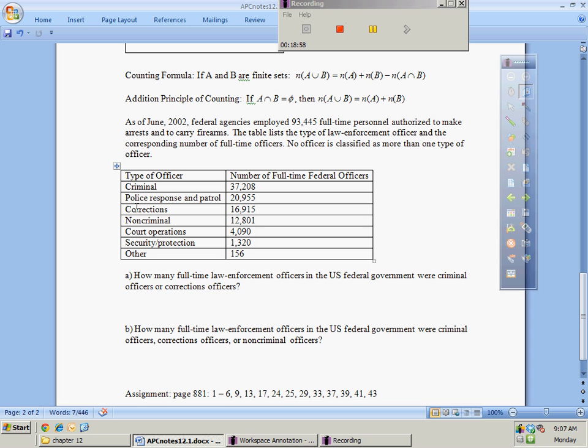Criminal officers or correction officers, how do I figure that out? Just add this number plus this number. And then it says how many full-time law enforcement officers in the U.S. federal government were criminal officers, correctional, or non-criminal. So you just add this plus this.